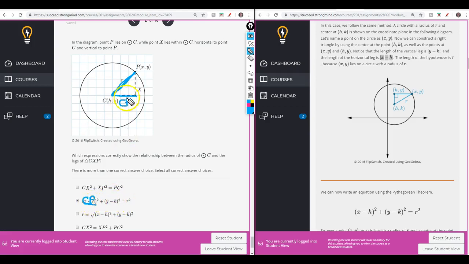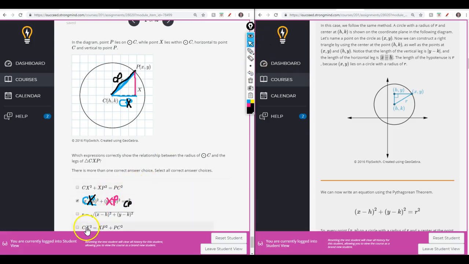And y minus k represents this distance right here, which could also be represented by XP, because that is the side length of that distance. And the radius is actually side length C to P. This one should be C to X. So this would be C to P being squared.